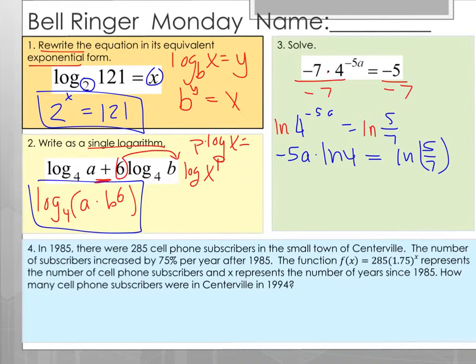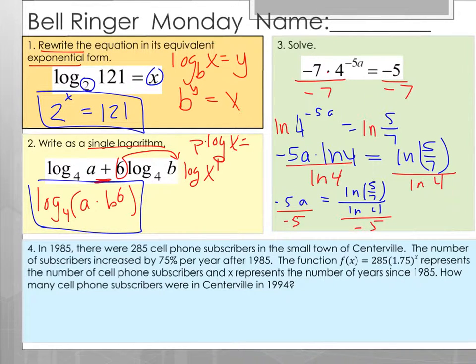Furthermore, we want to isolate the a, so I'm going to divide both sides by ln of 4, which is just some number that we haven't calculated yet, and that would give us -5a equals ln of 5/7 divided by the natural log of 4. And then the last step that I have to do in order to get how much a is worth is to divide by -5.